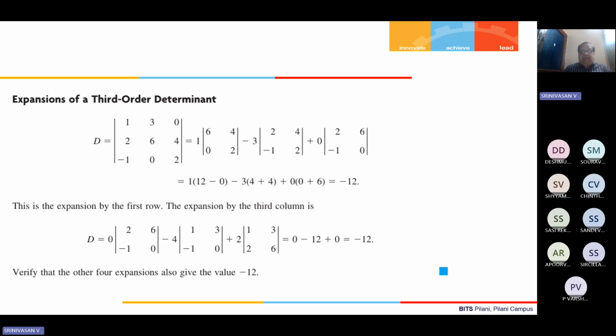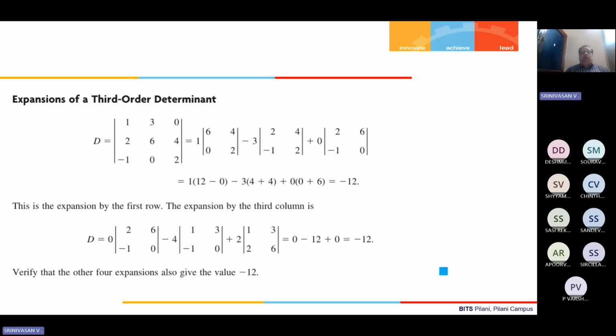So this is the positional sign of the first row, second column element, where the element is only 3. Therefore, it is minus 3 multiplied by its minor. So you just conceal the corresponding row and column. You have to be careful about that. So what is remaining? 2, 4, minus 1, 2.